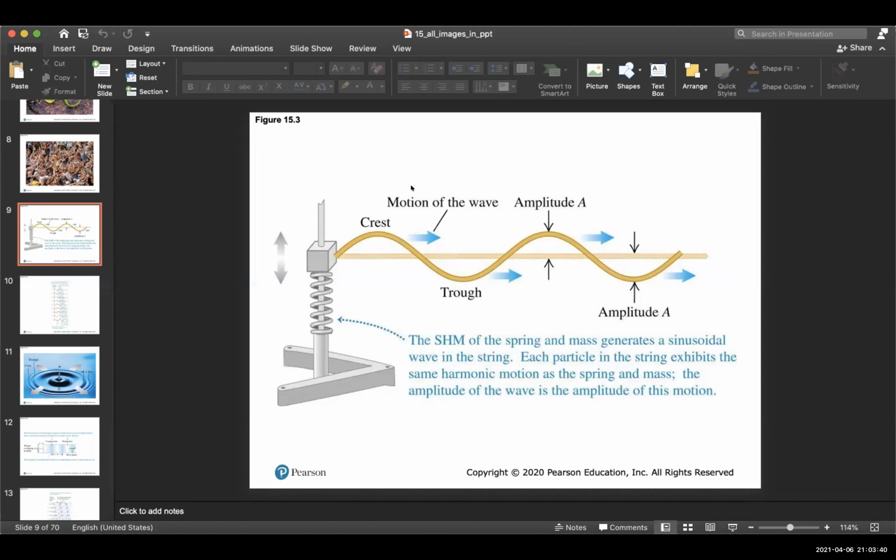This disturbance propagates along the string. And if it remains periodic, we can call it a wave.